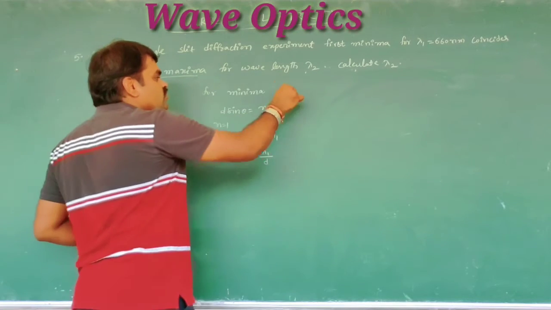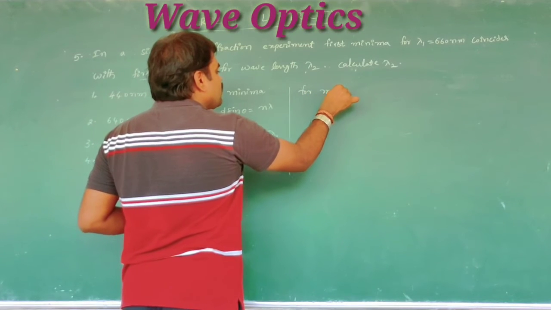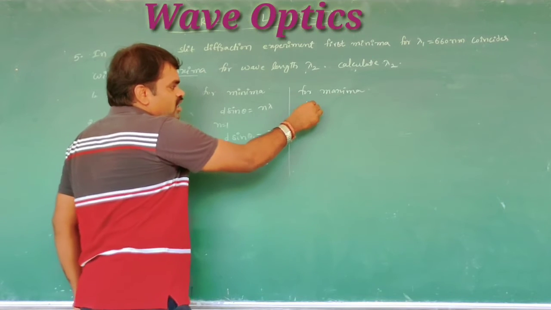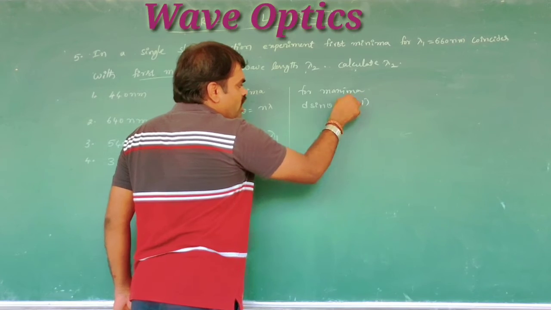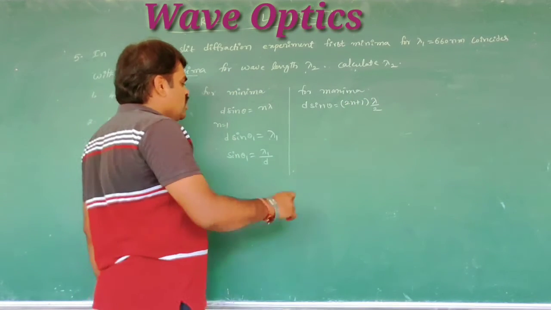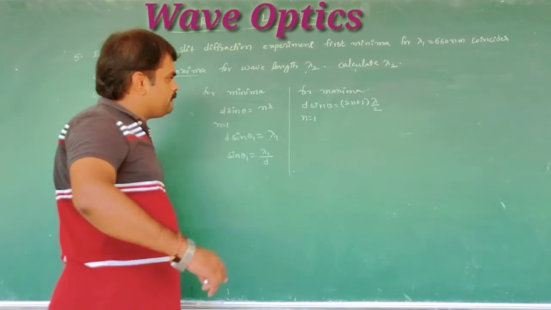For maxima, the condition for maxima is d sin theta is equal to (2n plus 1) into lambda by 2. Now the first maxima is given, n is equal to 1.